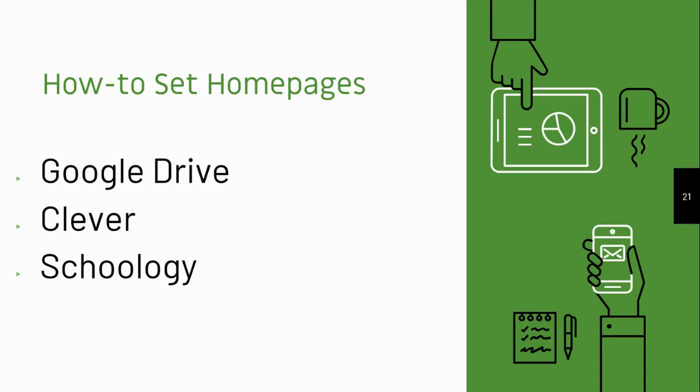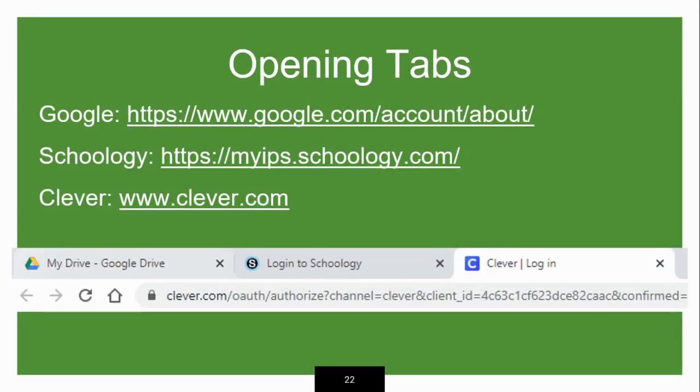While Google Drive and Schoology may be accessible through Clever, you will use these so much that it is best to go ahead and have them automatically open. You will want to open a new Chrome window and open each site on a separate tab. Pause the video while you do this.